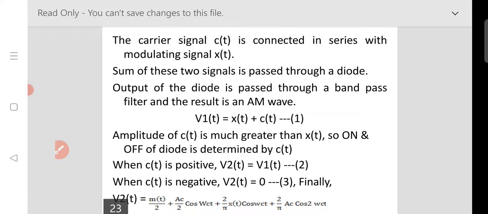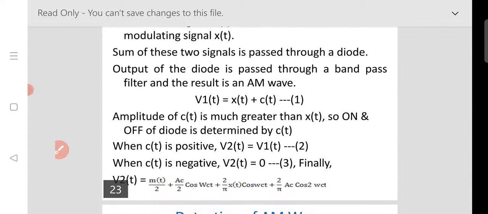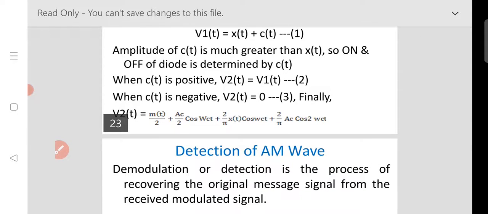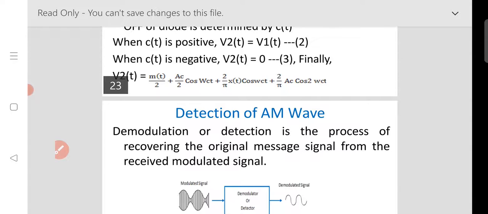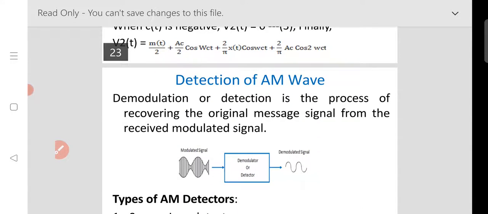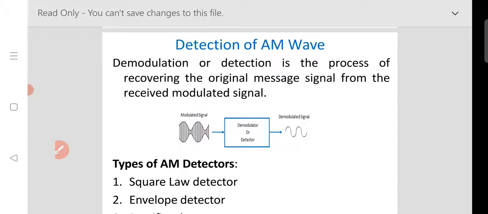When the final equation of the square law modulator or of the switching modulator is transmitted over space and received by some receiver, at that place we try to remove the carrier from the message signal and collect our original message signal. That process is called demodulation. That is the detection of the AM wave. Okay, this is the demodulation process we will discuss in the next class.